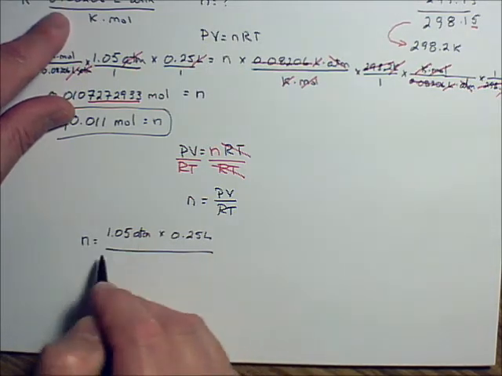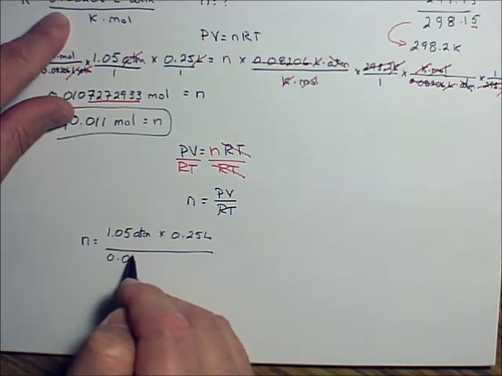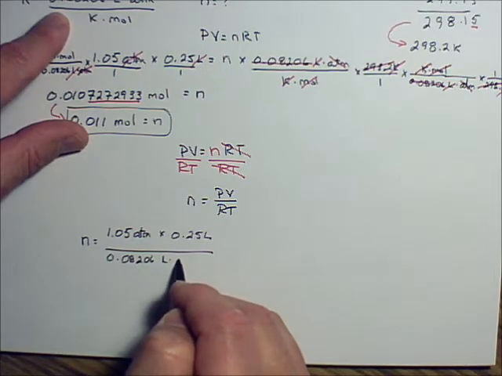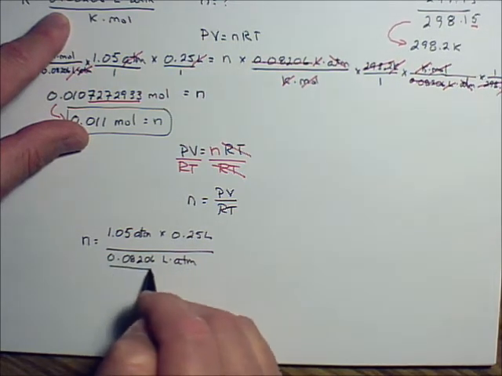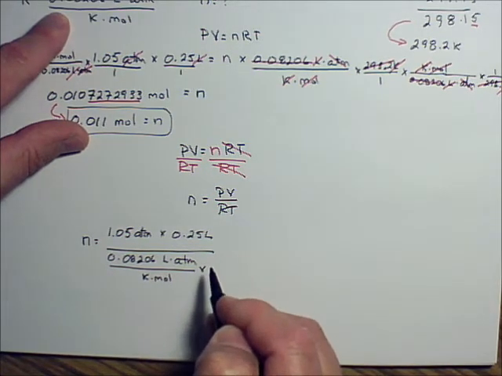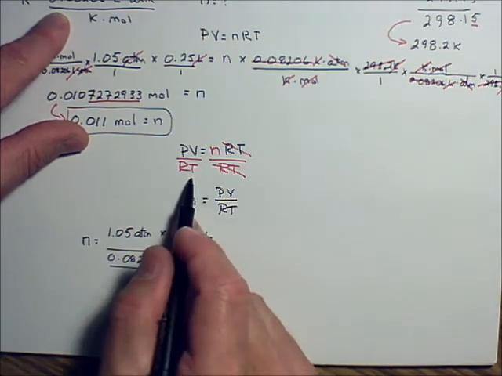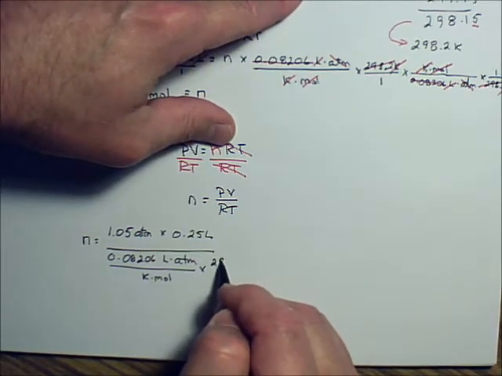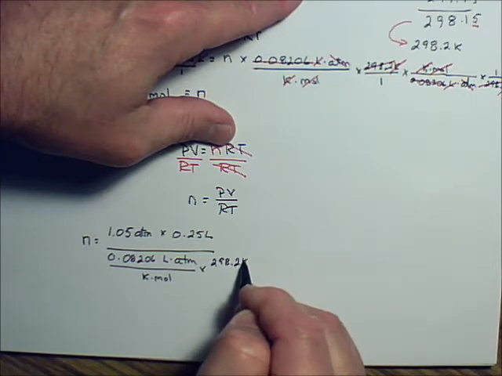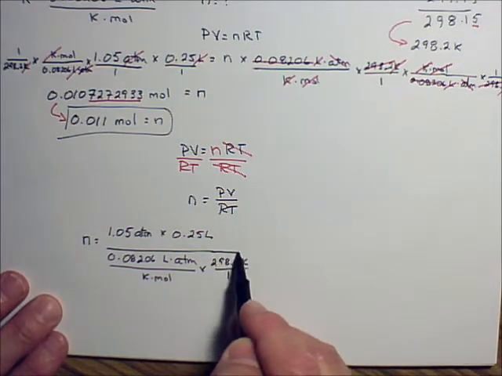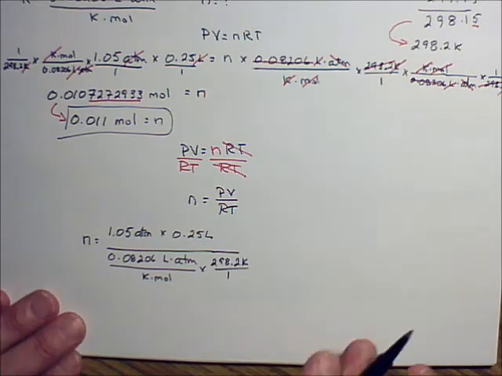On the bottom we've got R, 0.08206 liters times atmospheres over Kelvin times moles. We're going to multiply that by the temperature here, which is 298.2 K. Okay?